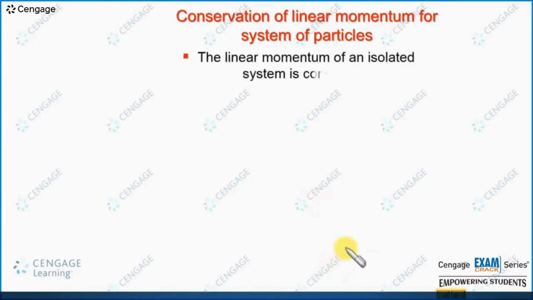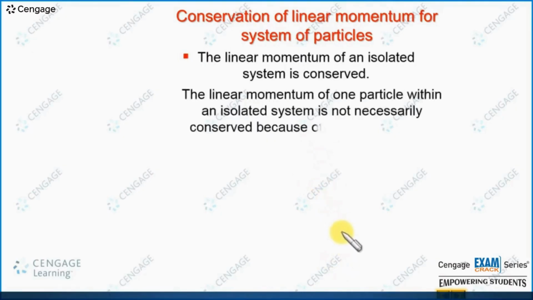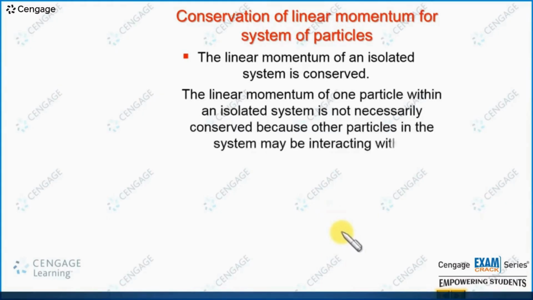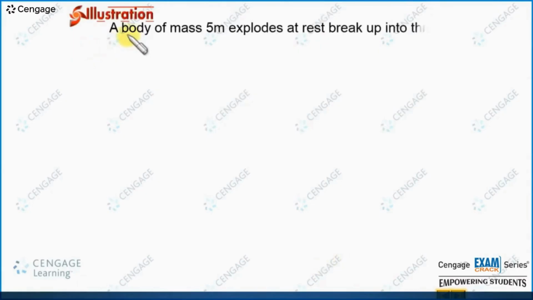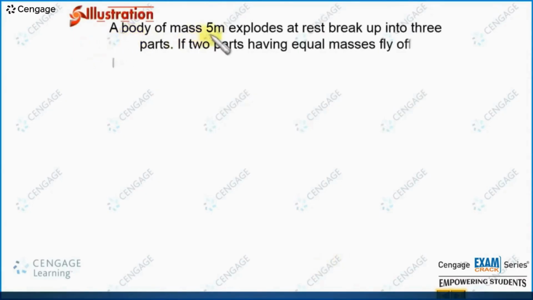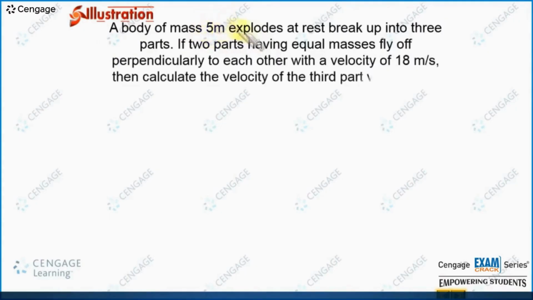Okay, so let us learn the application of this principle now, and here we are going to take a few selected illustrations, and through these we are going to learn this principle. So let us move to illustration number 1. In this illustration, a body of mass 5m is given. Mass is given in terms of small m.